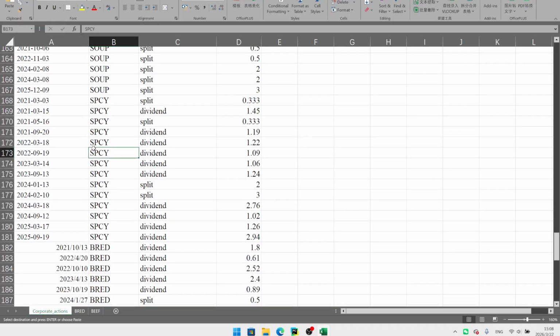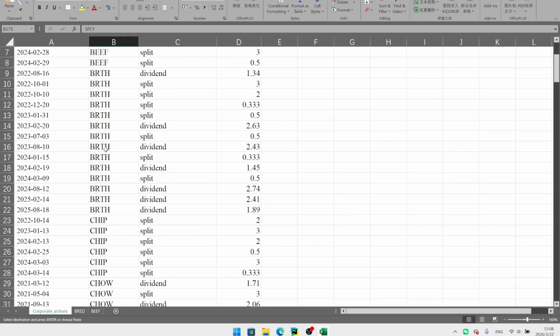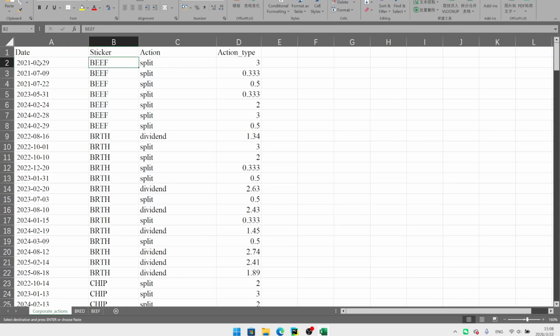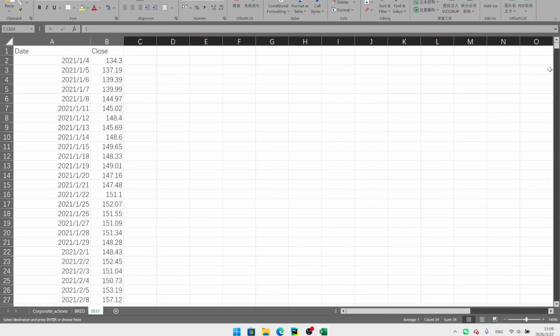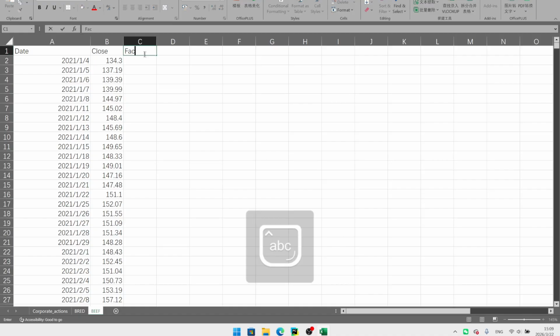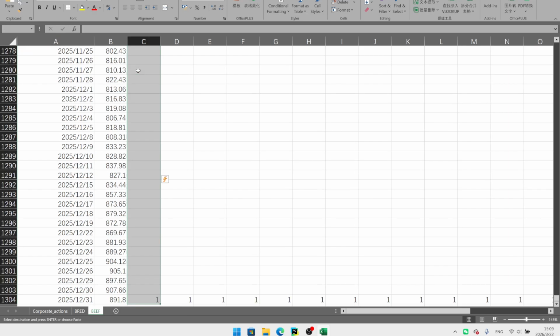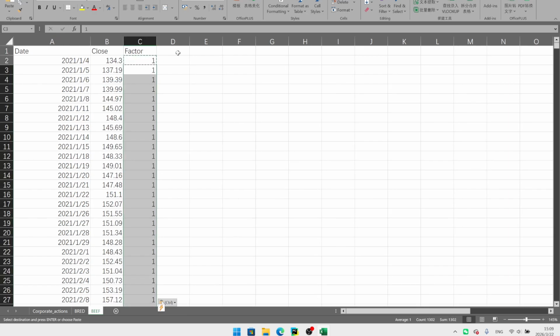With the help of this one, we need to find the beef one, all the things. And apply factor is, so we copy here. Control V, all the things are 1.